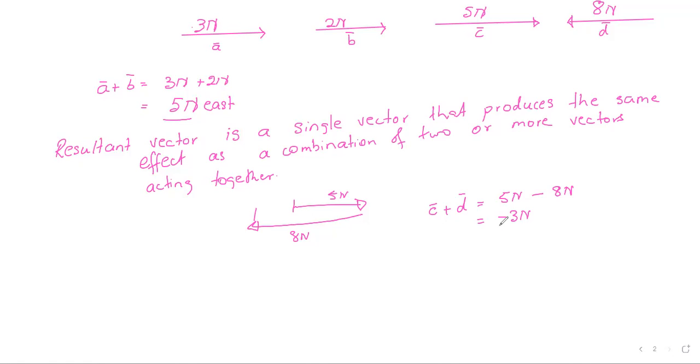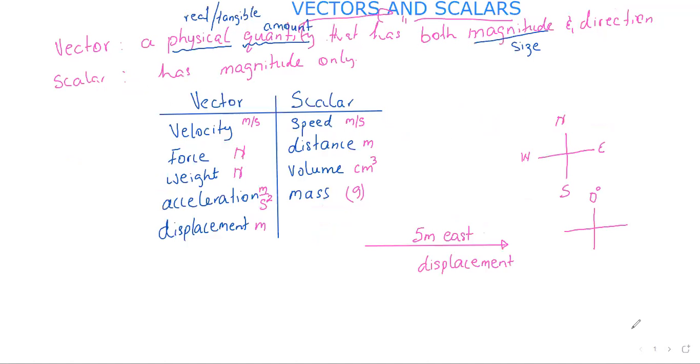So this sign here is not mathematical, it's a physical one. It shows that this vector goes in the opposite direction. That is R. Now, if you have linear vectors, vectors in a straight line, that's how you get the resultant. Now let's see when they are perpendicular.